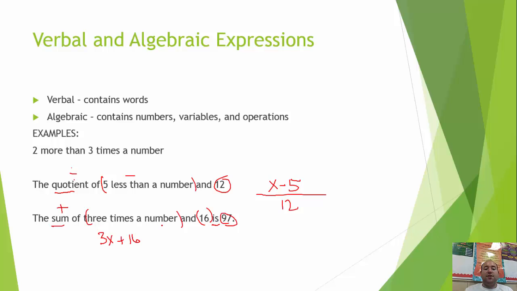So 3 times a number and 16 sums to the expression 3x plus 16. Is. Keyword. I'm actually going to box it. You're going to see it a lot, especially in word problems. Is means equals. So this sum is equal to 97.